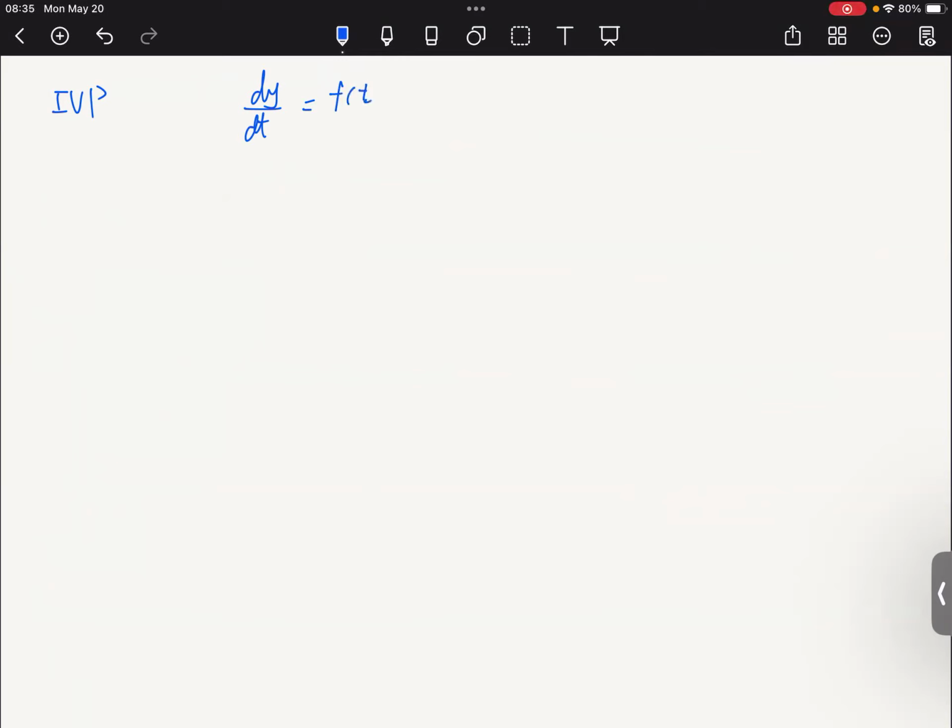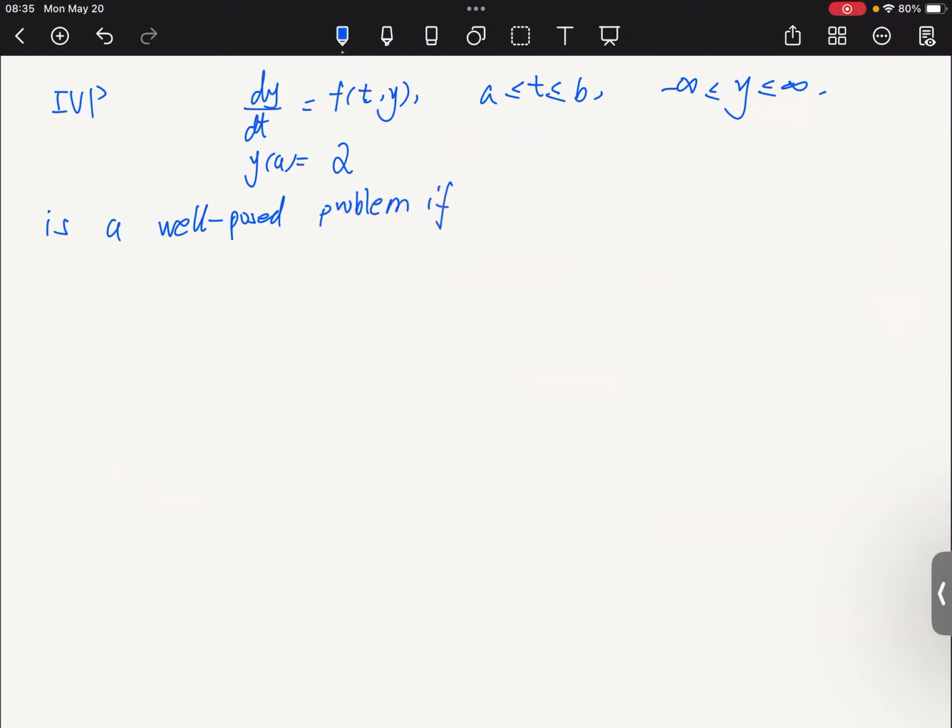This is y' = f(t, y), where t is in a bounded time domain, and the y here, we investigate y from negative infinity to infinity, and we have the initial value y(a) = alpha. Here we say this one is a well-posed problem if, there's one thing about the things we just mentioned, it should have a unique solution.